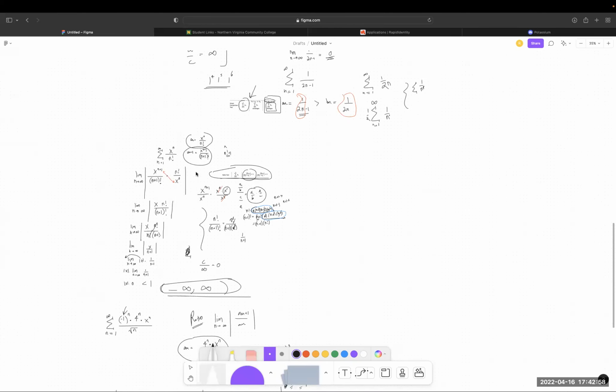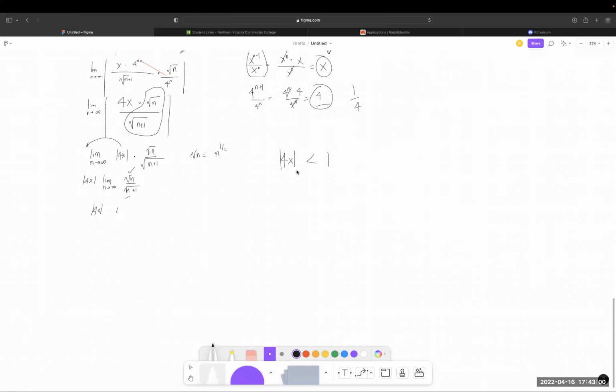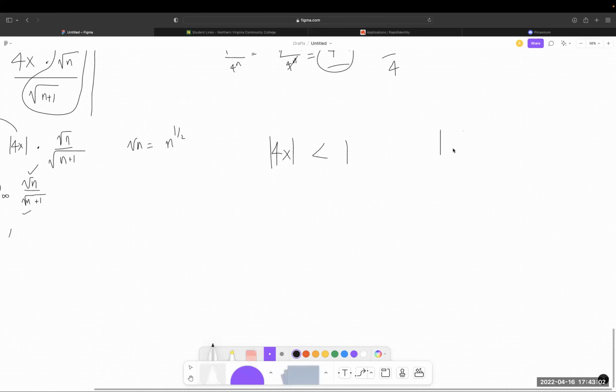And so in this problem here, we don't just have this or this. In this case, we have this. We want to know when this is less than 1, right? Because that's when it's going to converge. And if we want to know that, well, just set it less than 1 and solve for x.